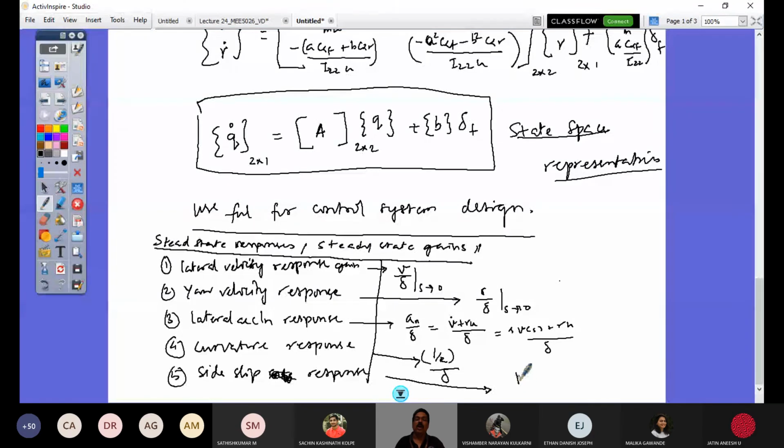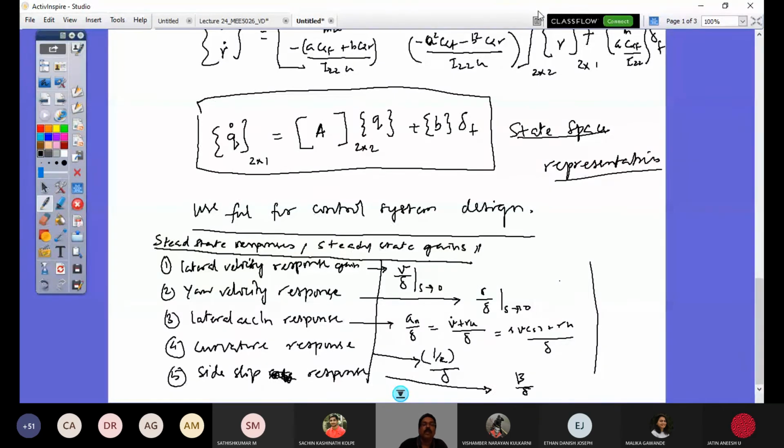Right, so these are all quite useful steady state gains, and these gains are used to compare the handling characteristics of different vehicles. To do that, we are now going to look at this equation. What equation is this?